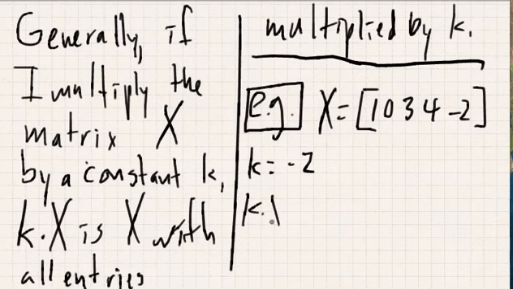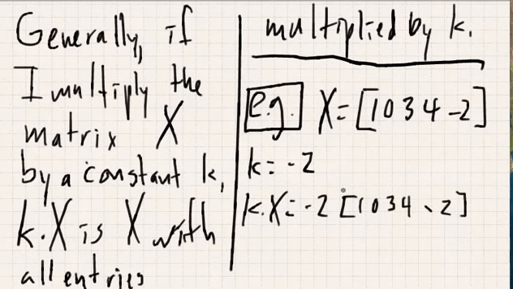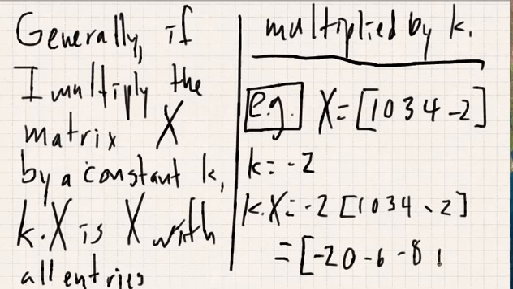Then K times X is -2 times 1, 0, 3, 4, -2. Why would I be doing this in the context of elimination? I'd be trying to get rid of, say, the number 2 below this one or something like that. When I multiply a row by -2, I just get each piece multiplied by the number on the outside: 1 times -2, 0 times -2, 3 times -2, 4 times -2, -2 times -2. Great, that gives us this. So we've already seen that before.